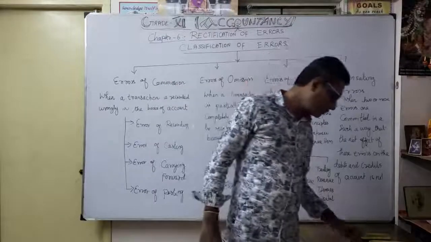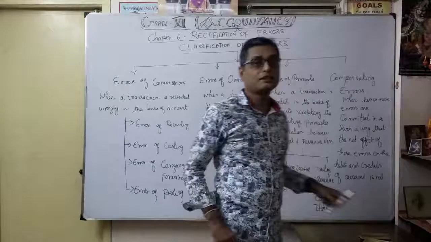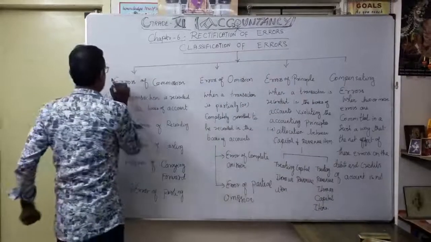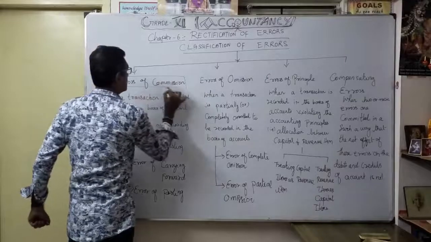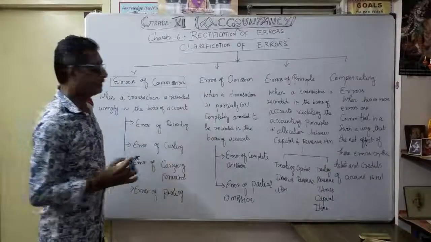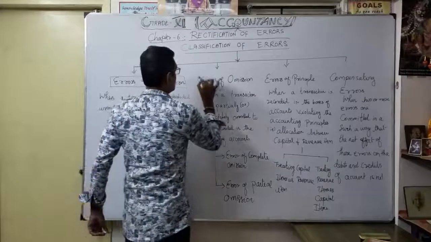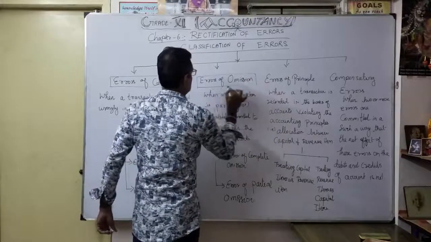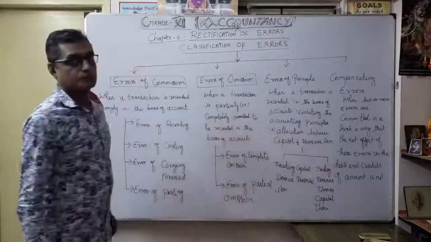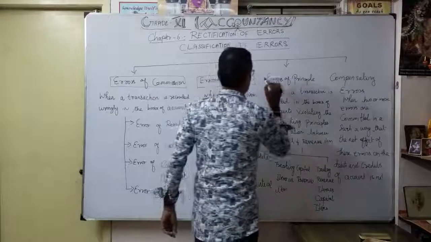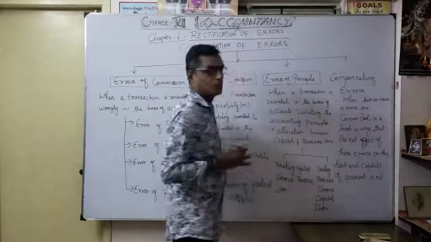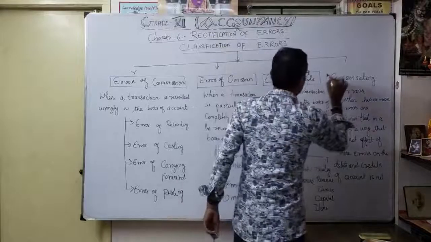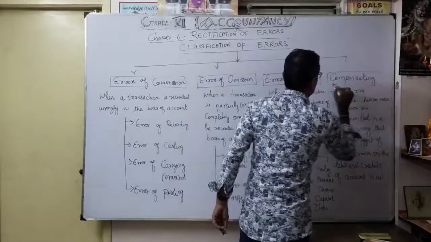One is called error of commission. The second one is errors of omission. The third one is errors of principle. Finally, it is called compensating errors.